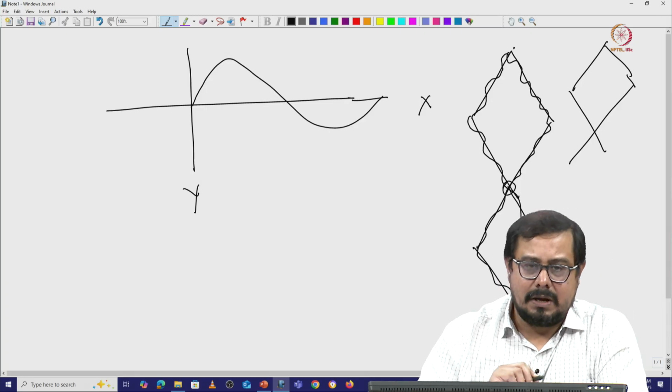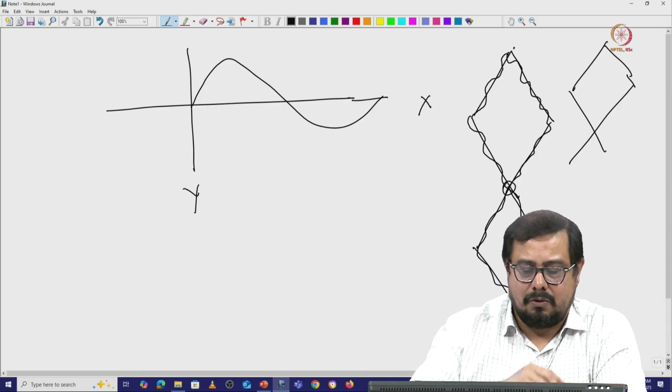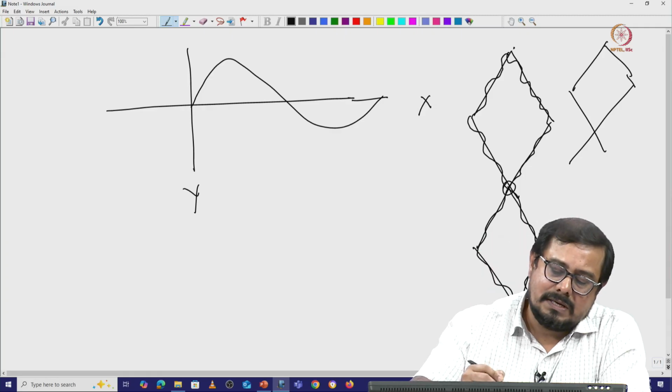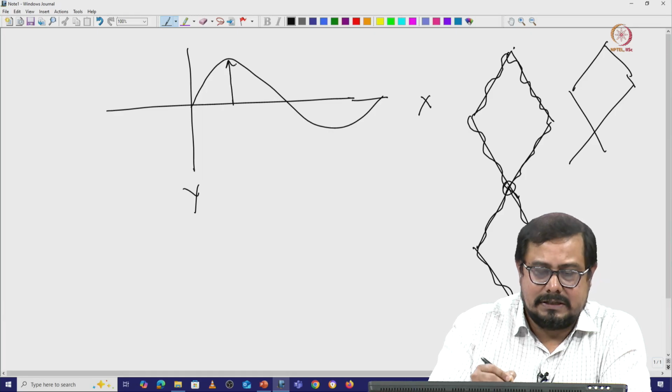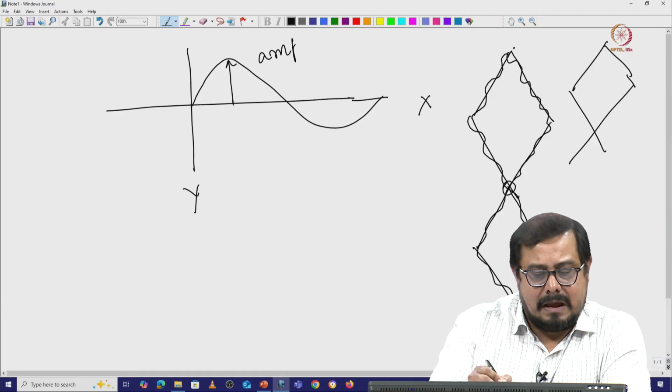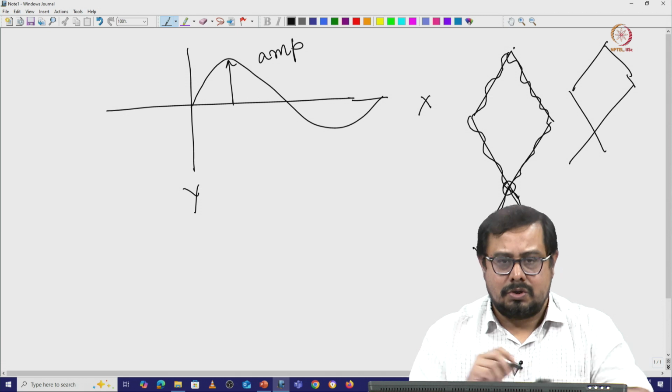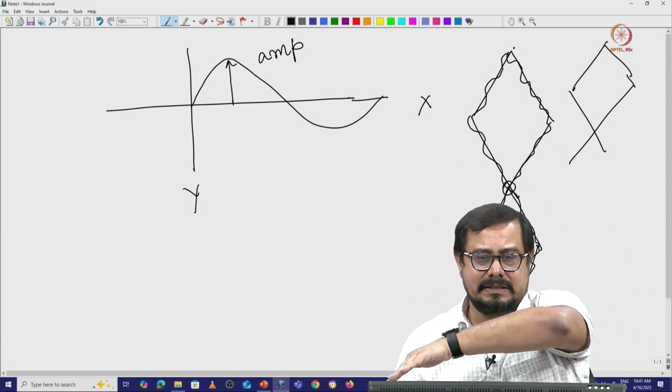So what property do we have in this particular diagram? If we just consider that this wave has an amplitude, this is called amplitude. Okay, so that height we are considering.